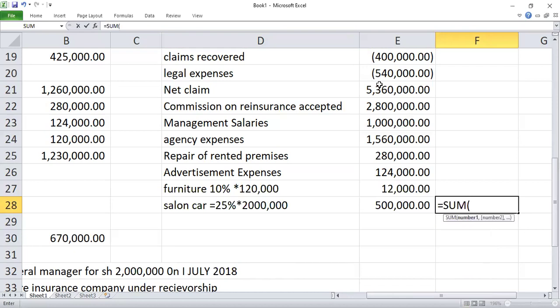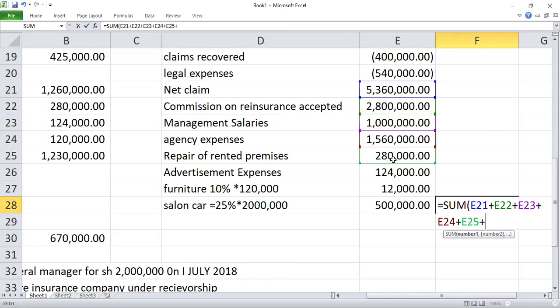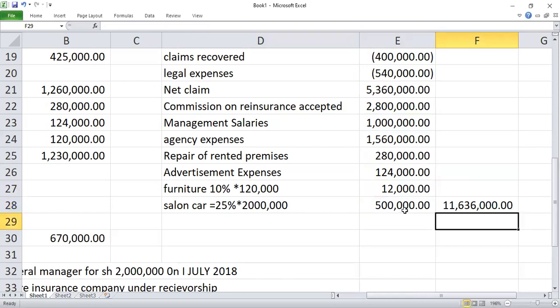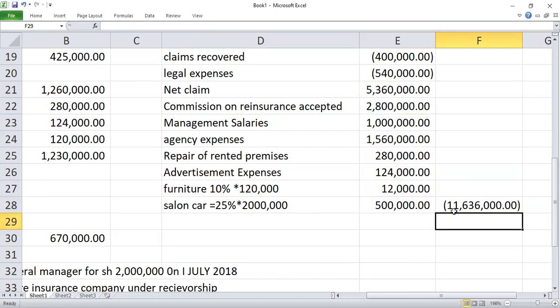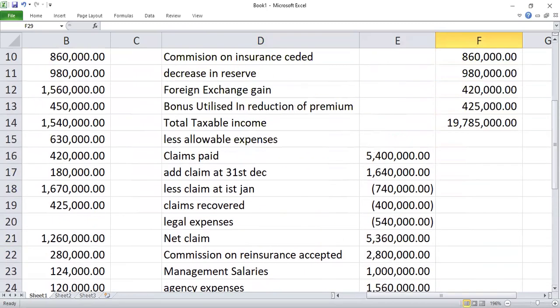We start with this net claim, because these are the first expenses, the net claim added to commission returns accepted. We're going to add all these expenses, so we know the total expenses. Then enter. So these are total expenses, which we have in minus here, so it gives minus 11,600,000. Now we know this was our income and these are expenses.